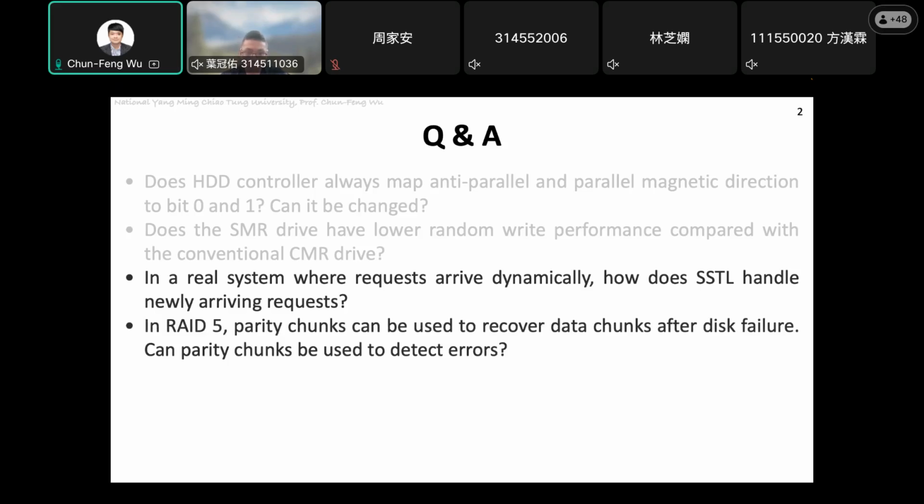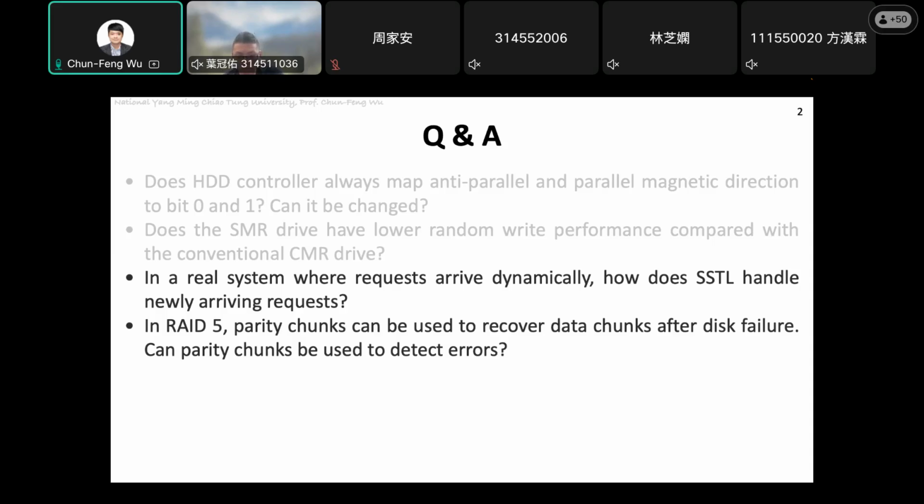Okay. And I think this is the last one. In RAID 5, parity checks can be used to recover data chunks after a disk failure. Can parity checks also be used to detect errors? This is a very tricky question. I would say it depends on how you detect errors. If you are talking about detecting 1 bit or 2 bits of error, then it is not possible.